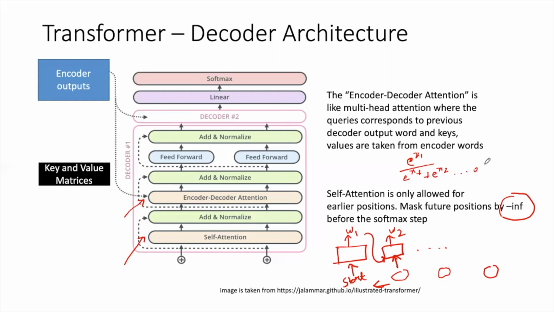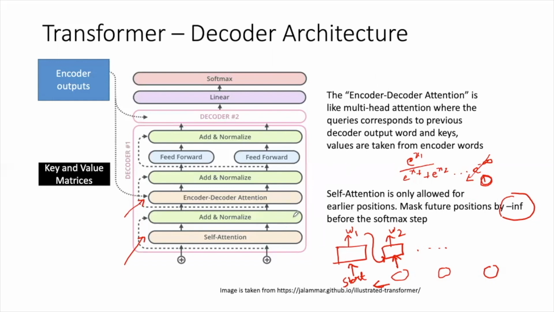If something is -infinity, then e to the power of it turns out to be 0. So that way it's not adding any score to the score computation. That's what is typically done to ensure that we don't use the future words.